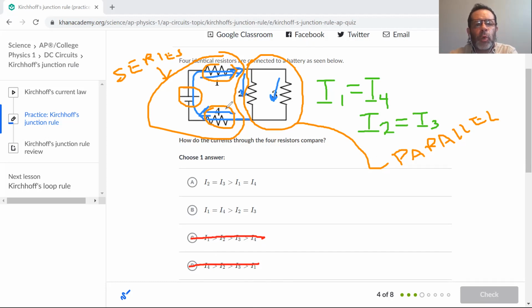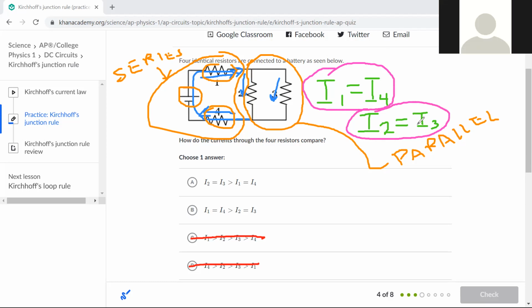Now, which of the currents would be larger? Can somebody tell me? We know that I1 is equal to I4, I2 is equal to I3, but between these 2 that we know have a relationship, which is larger?